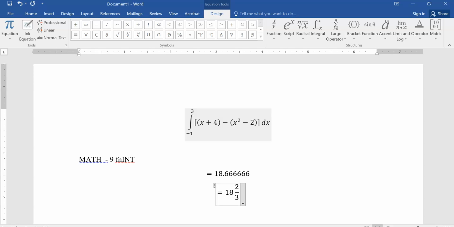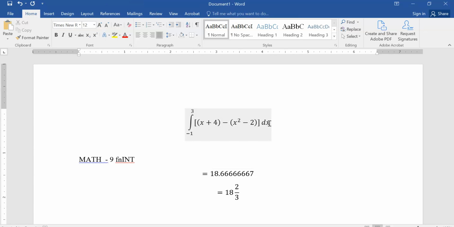Okay, so that's the idea. I forget how many sixes and then a 7 at the end there. So 18 and 2/3. Lots of times when you type things into Moodle, they'll want an exact answer. So they'll want the 18 and 2/3, or they'll want the improper fraction of that.